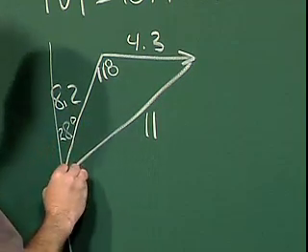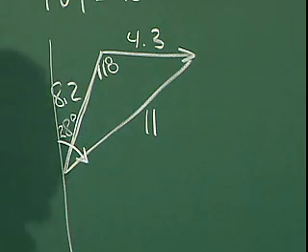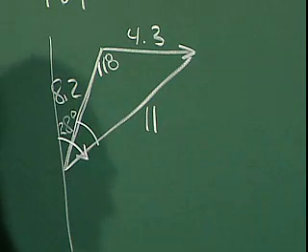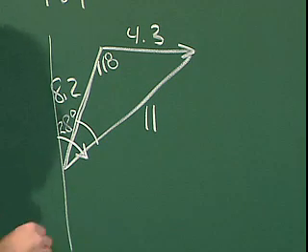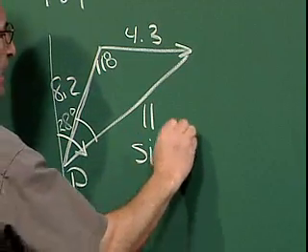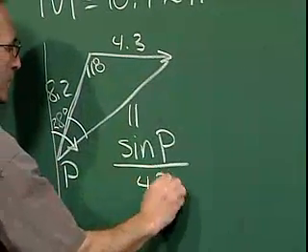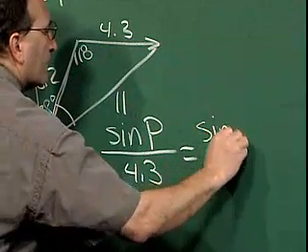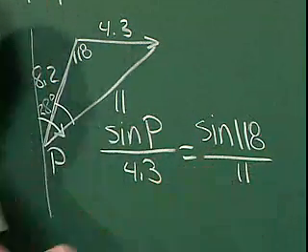And that was the original bearing, but now what we're interested in is this. In order to find that, what I need to find is this angle right here, and then add it to 28 degrees. So I will use the law of sines, and we will call this angle P, and I say the sine of angle P over the side opposite it, 4.3, is equal to the sine of 118 over the side opposite it of 11.